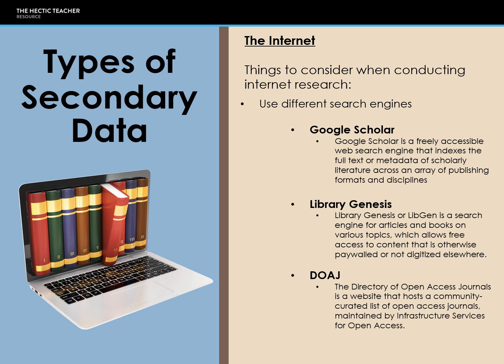There's also Library Genesis or LibGen, which looks at articles and books on various topics. It allows free access to content that is sometimes behind a paywall or is not digitized anywhere else.